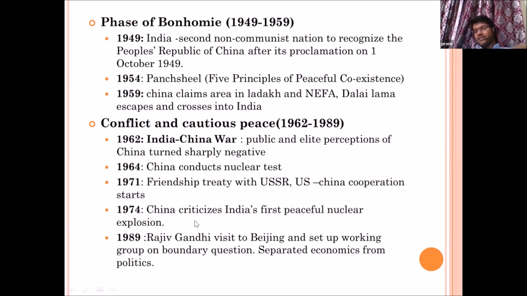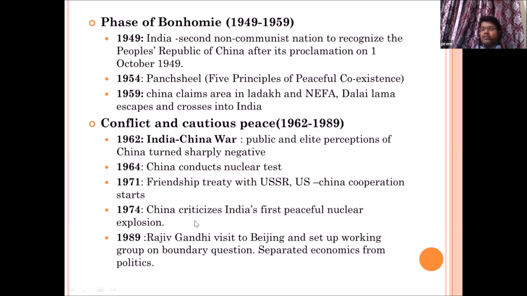That is, in this phase we had a friendly relationship with China based on Panchsheel and recognition of the People's Republic of China. But somehow it deteriorated starting from 1959. Why did it deteriorate? One is Tibet's annexation by China, Dalai Lama's asylum approval by India, and third, boundary disputes between China and India.